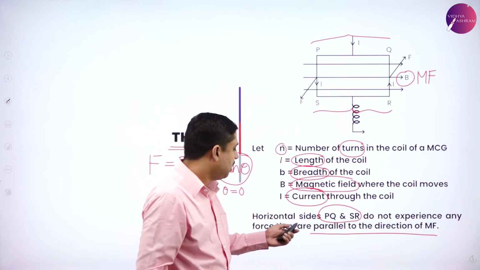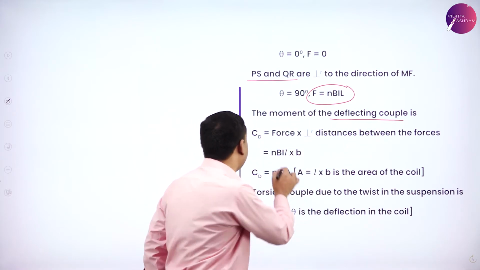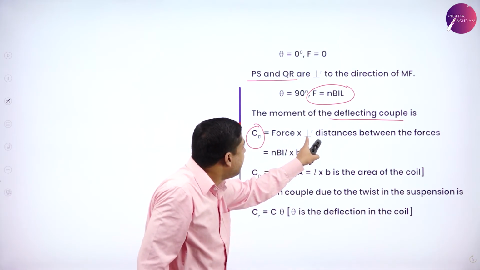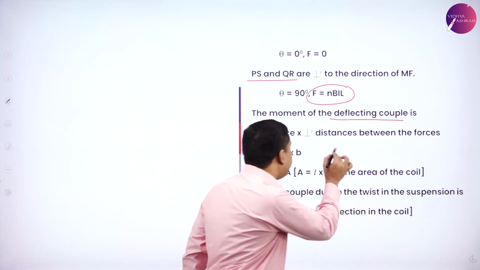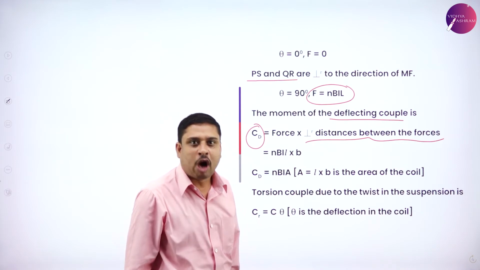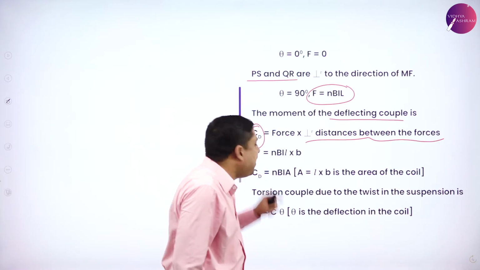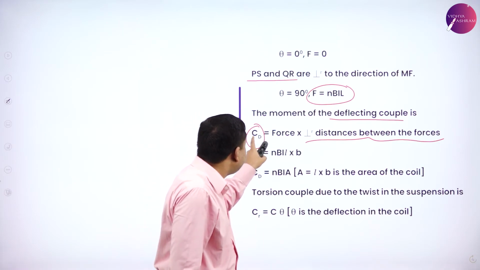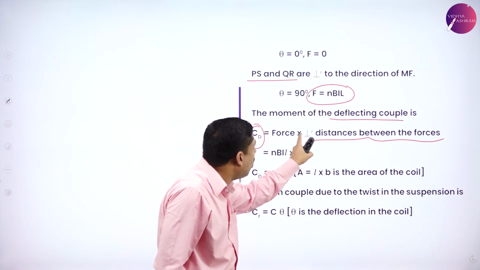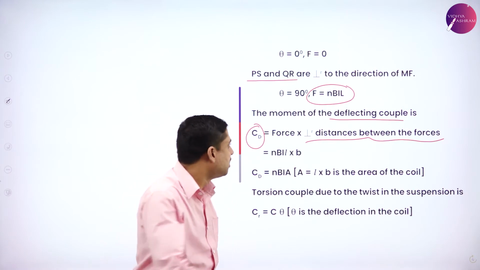And what is this couple doing? Deflecting this coil. Therefore, the moment of the deflecting couple, I call CD, is force into perpendicular distance between the forces. We have defined moment of the deflecting couple. CD equals force into perpendicular distance between the two forces.